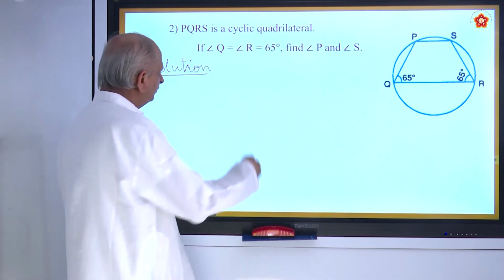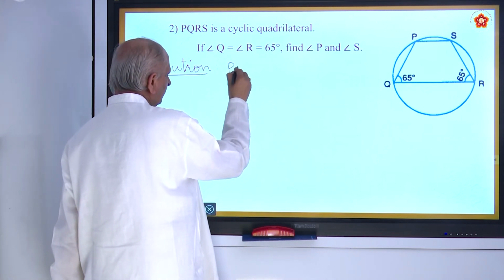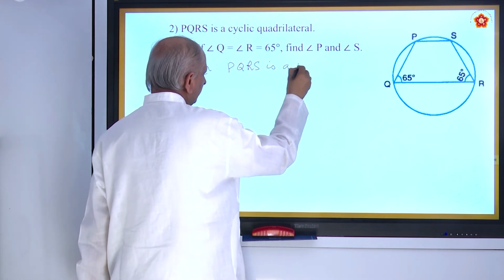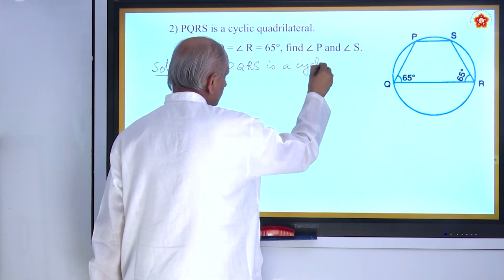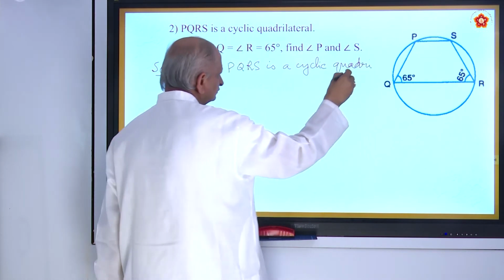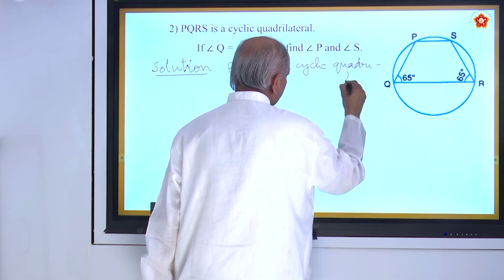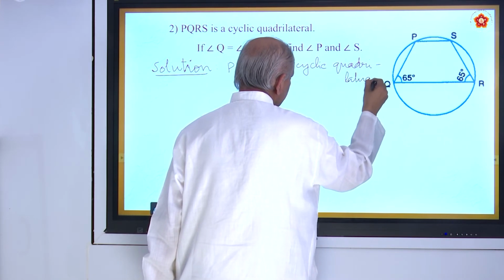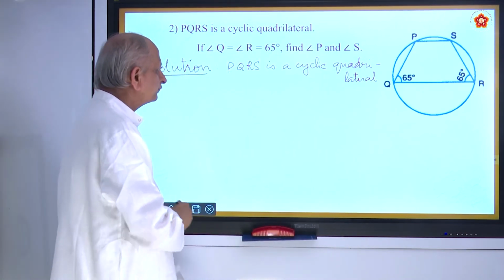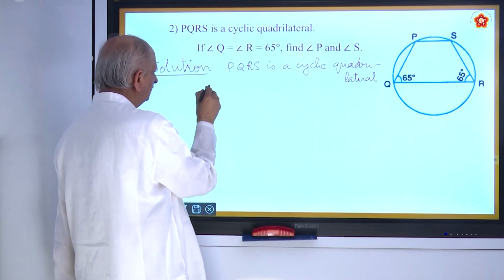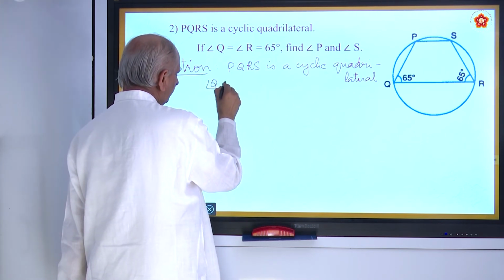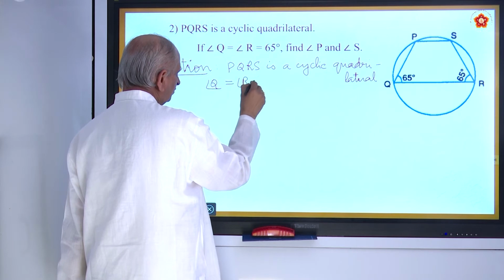So first step, whatever is given, you write down. PQRS is a cyclic quadrilateral. In that you are given with the angle Q. Angle Q is equal to 65, R is equal to 65.